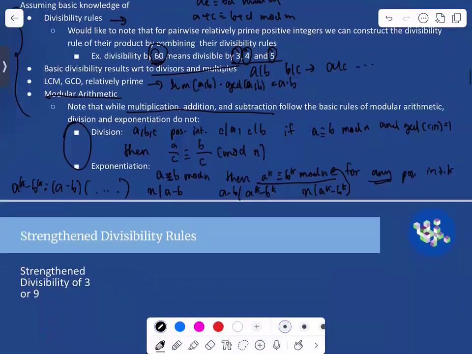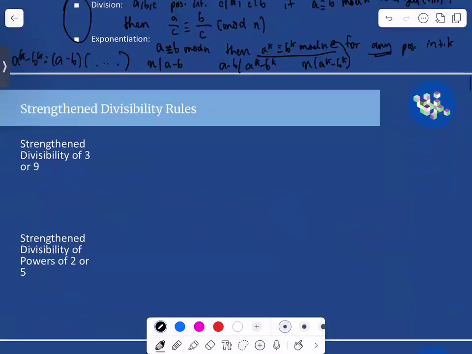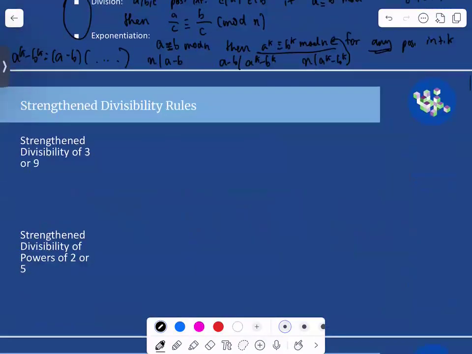So then next what I'd like to cover is some strengthened divisibility rules. First, there's a strengthened divisibility rule for 3 and 9. If you take some number mod 3 or mod 9, you're essentially going to get its remainder.